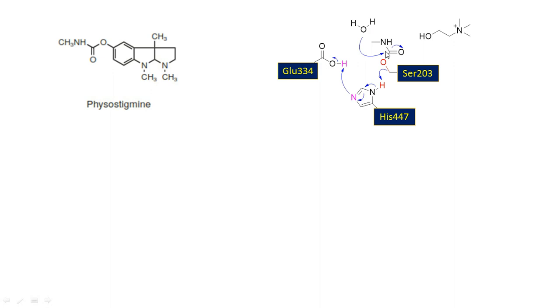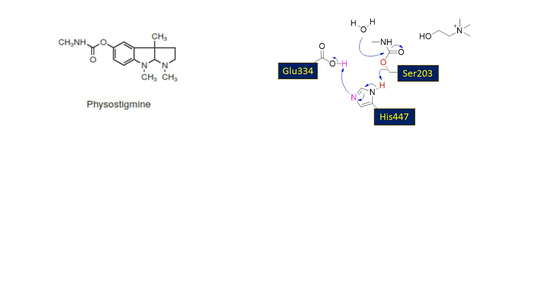Now, the carbamic acid esters are relatively stable to hydrolytic reactions, because the carbonyl carbon is not very polarized. So the water molecule cannot attack this carbonyl carbon with that much intensity. This increases the stability of this carbamic acid ester.